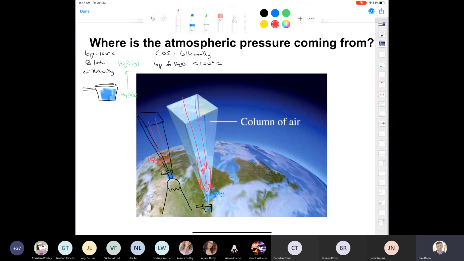Okay, another example would be, what else? I'm trying to think here. When I first moved to Colorado Springs, has anybody in the class lived by the ocean, maybe in New Jersey or New York or California or Florida, where you're next to the ocean? If you live near the ocean and you're used to cooking near the ocean, you'll notice that pasta cooks much faster than it does in Colorado Springs, right?